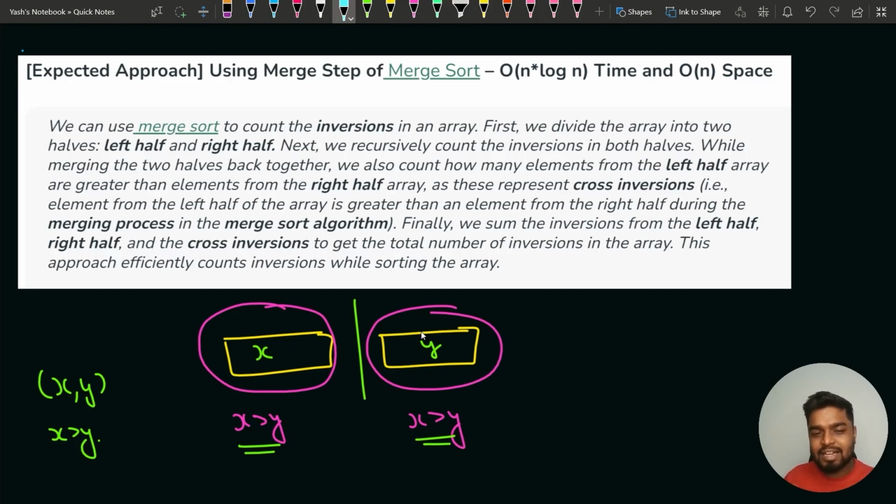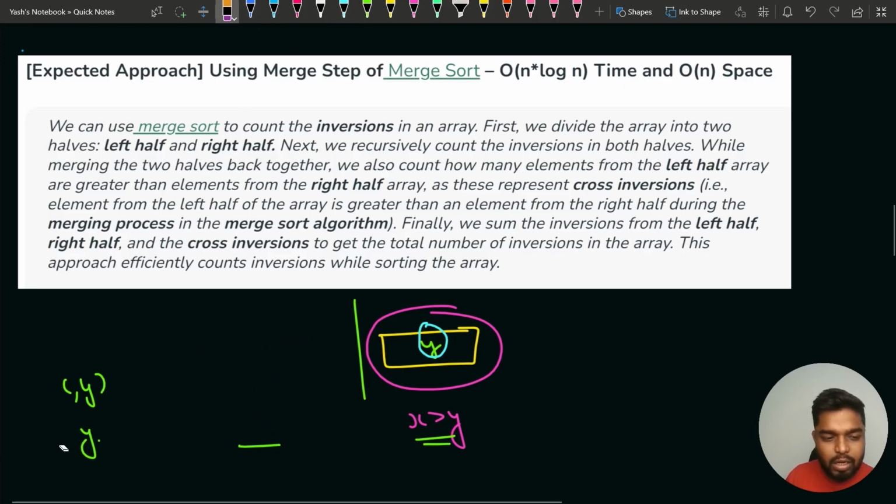In terms of implementation, in the merge function that we used to write, we have to make some manipulations so that we can count the pairs where x is in the left half and y is in the right half, because all the other pairs, where x and y are in the same half, will be counted using the smaller problem.